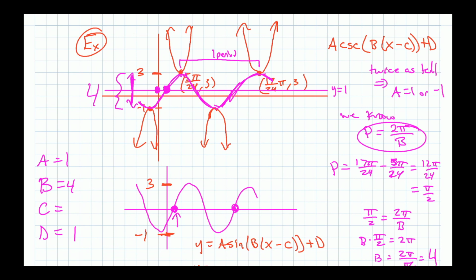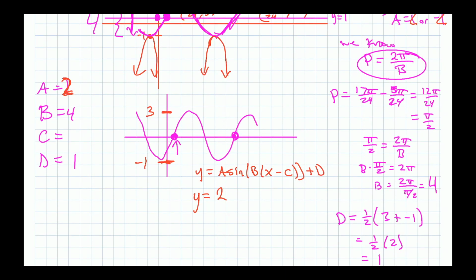I put twice as tall, but then wrote that. Sorry. It's 2. So it's twice as tall, so put a 2, sine. The b we know is 4. The x minus whatever we don't know, and then we have the plus d, which is 1, right? So I'm writing everything in the sine that I am going to write in the cosecant. And the only thing is we don't know what the c is.